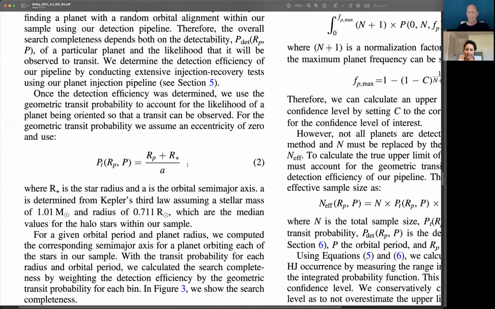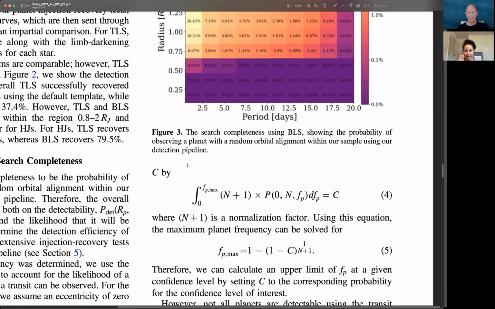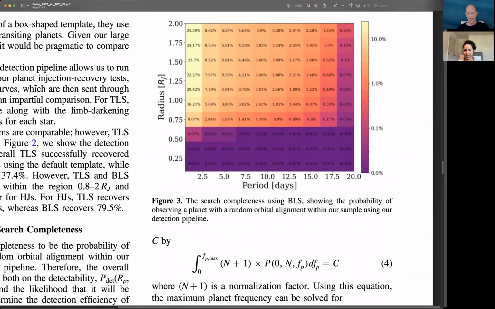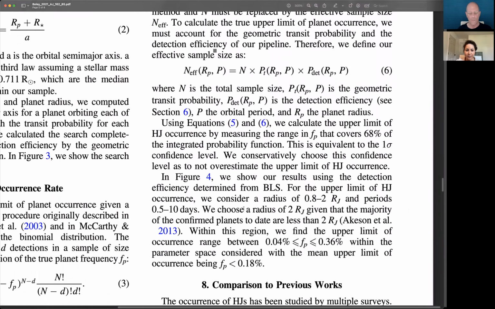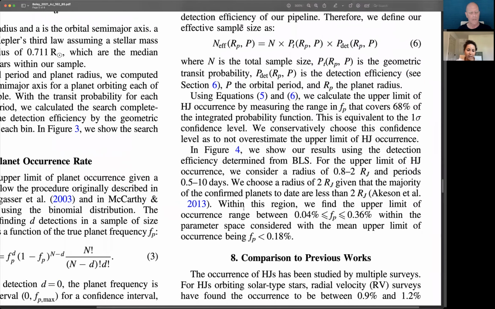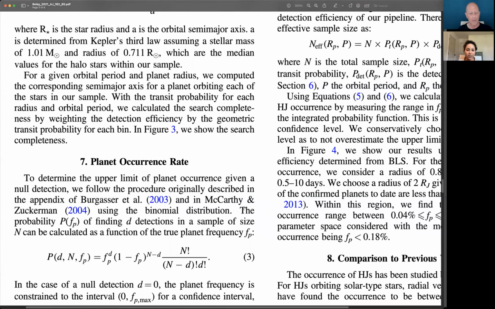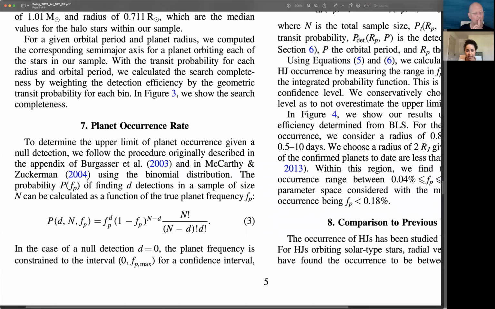Once we had that, we were actually able to start getting at these occurrence rates. What we ended up doing is following what some previous works did.